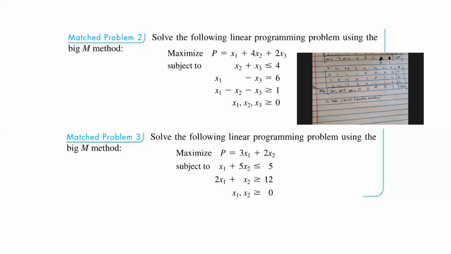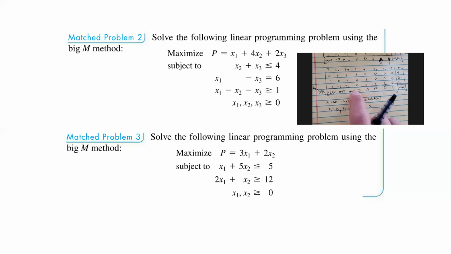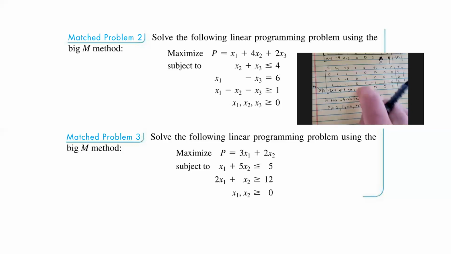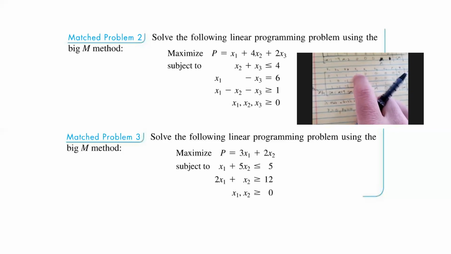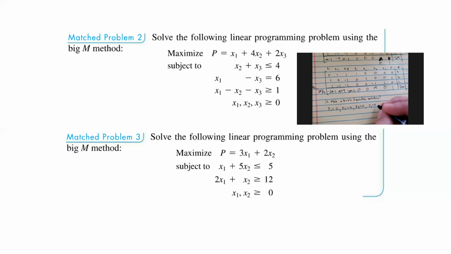So let's check. So x1 equals 0, right? x2 equals 0. They're non-basic because they're not singled out, right? x3 equals 0. S1 is a basic variable because it has zeros in its column and only has one non-zero element, and that equals 4.